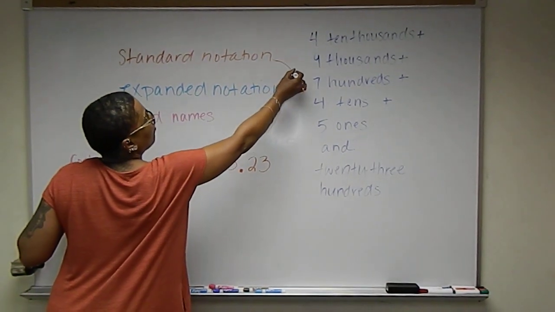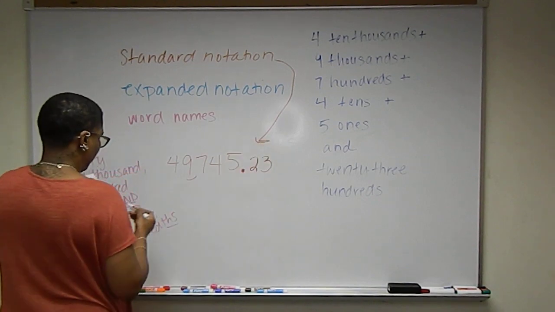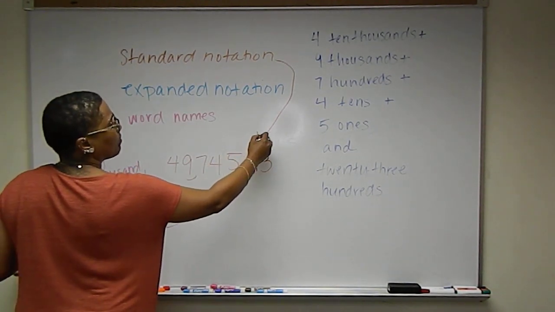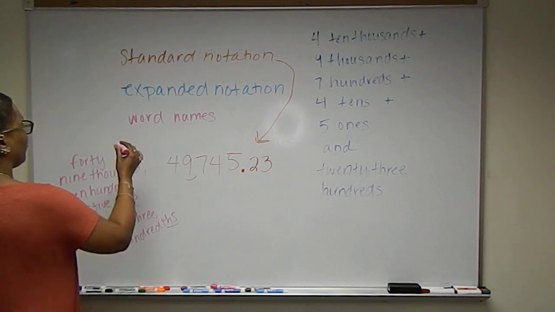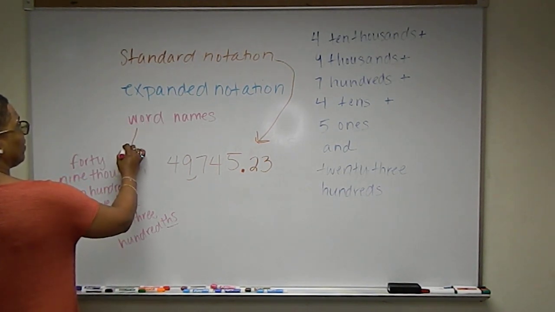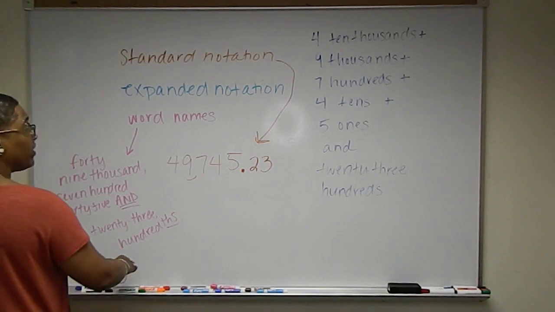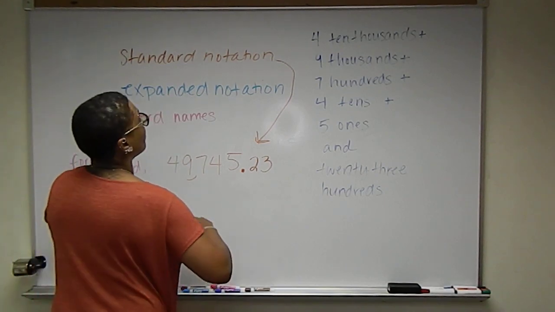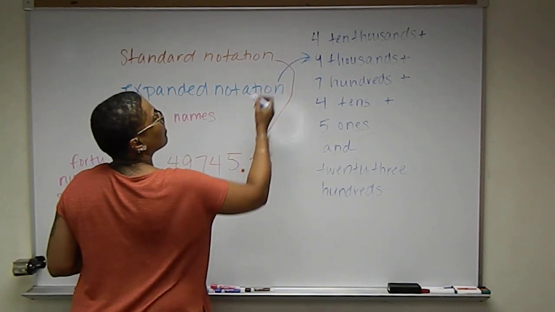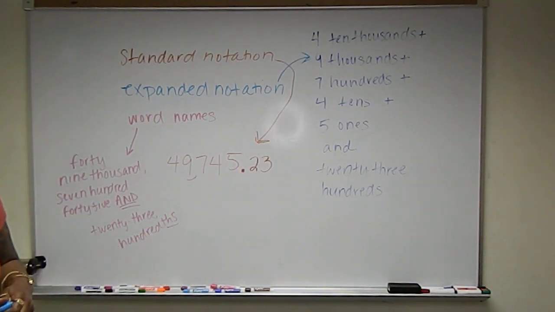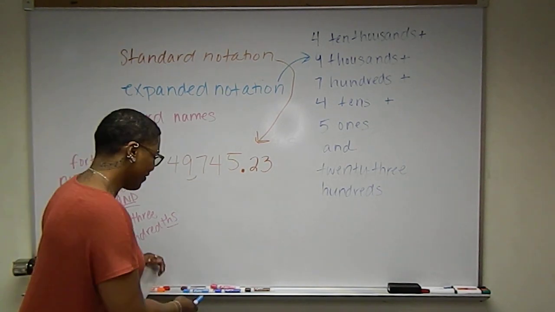I think my arrow will be better here. Don't talk about my arrow. Then we can show word names goes here, and standard notation goes here. I know I didn't want to cross colors. That's the OCD, don't worry about it.